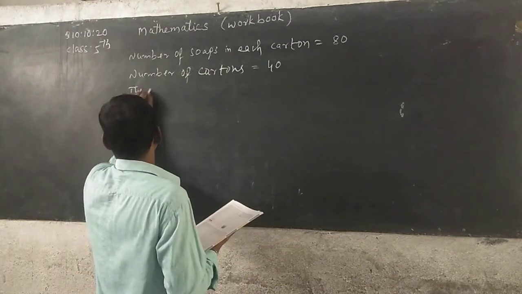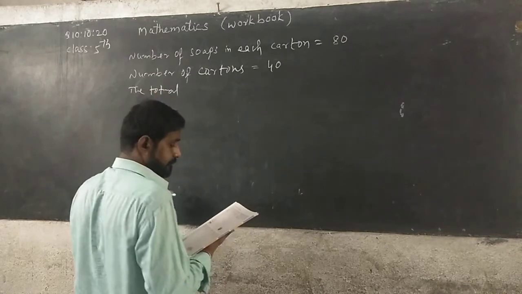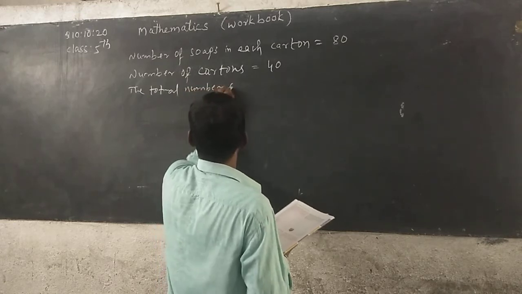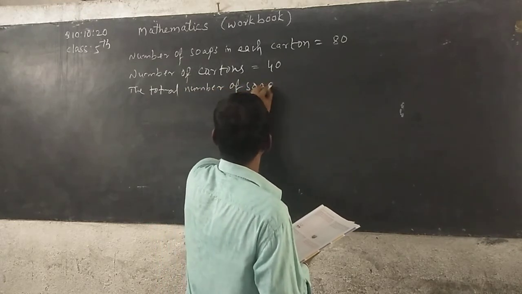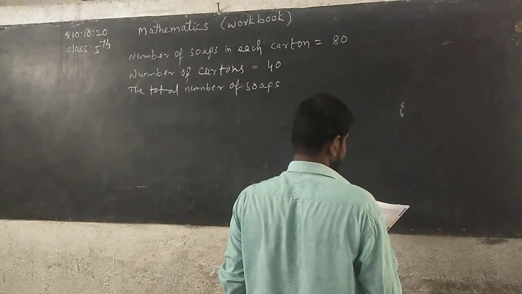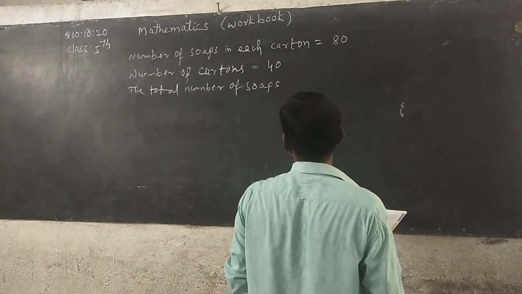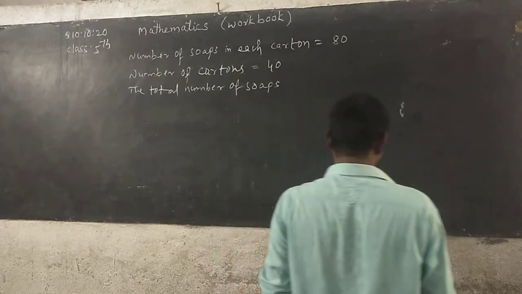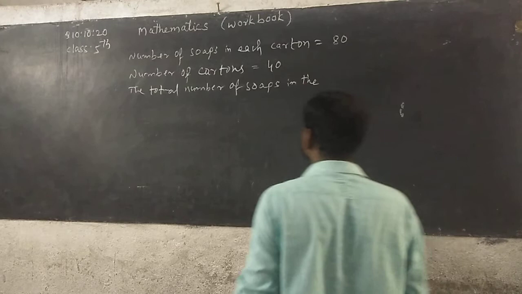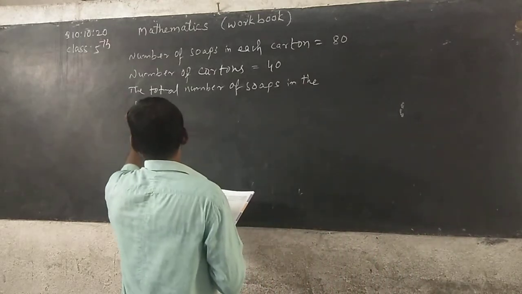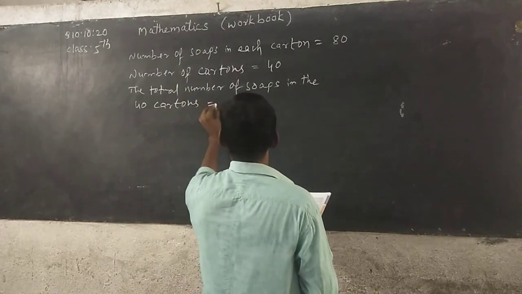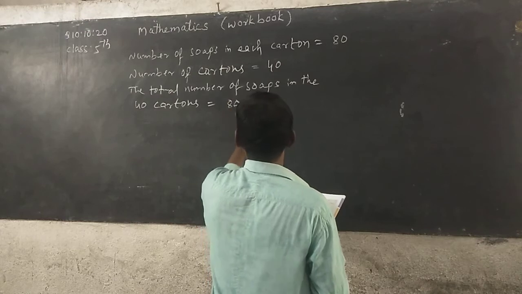The total number of soaps in the 40 cartons, that is equal to 80 into 40.